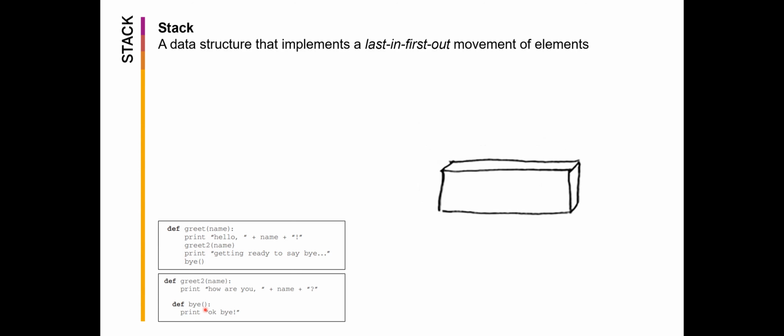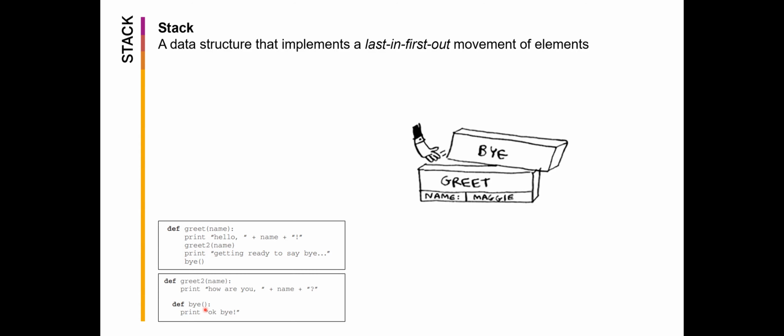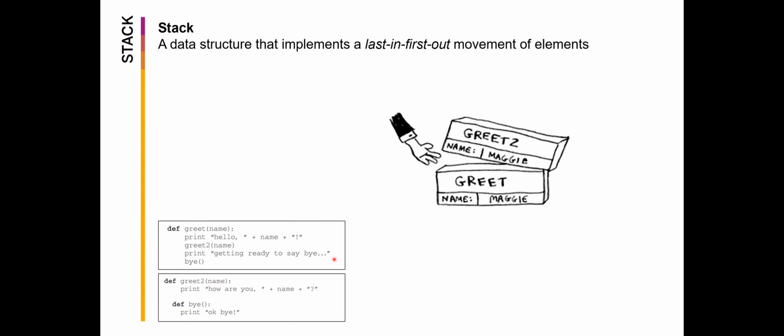So the reason why it's important to understand the stack in order to understand recursion is because of the stacking process. In this case, the greet function is still there. It hasn't ended yet. It hasn't been cleared out yet from the memory. But we are calling a new function on top of it, which is greet2, or later on in recursion, it's the same greet function with a different parameter.